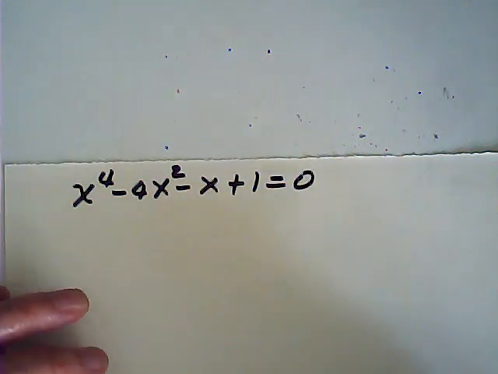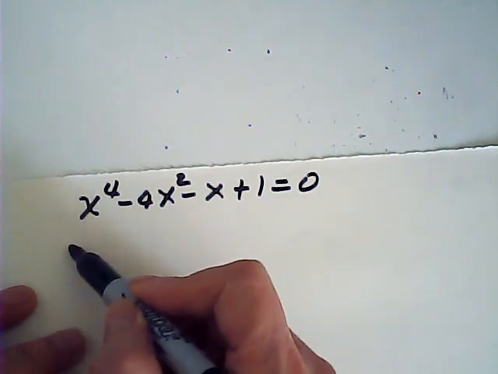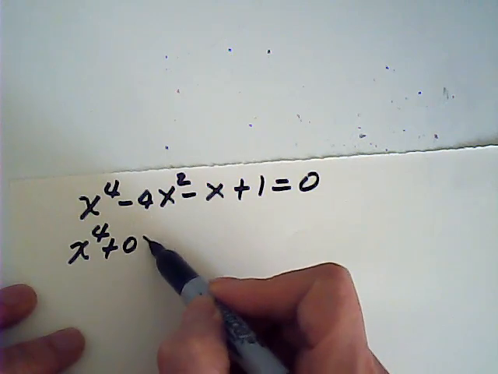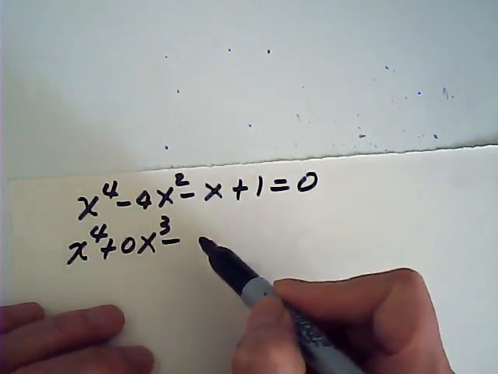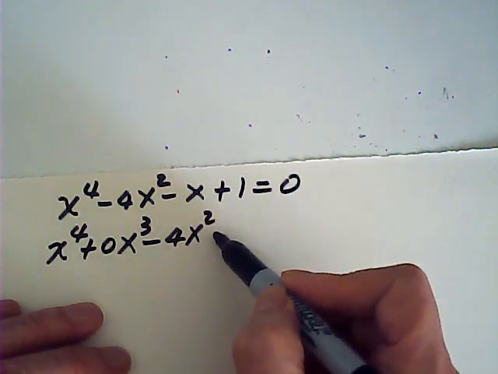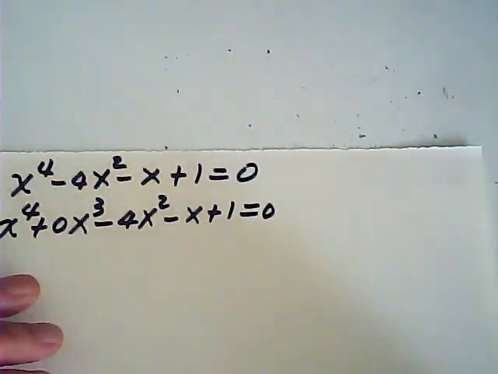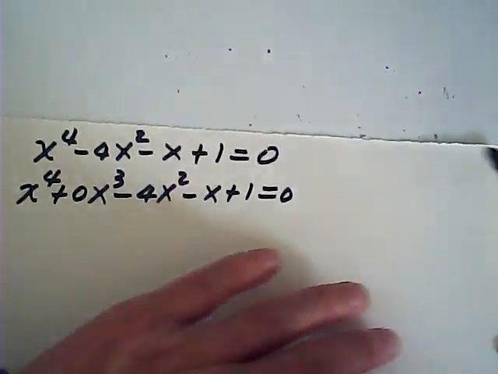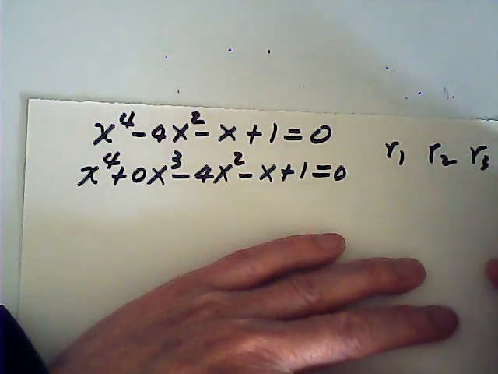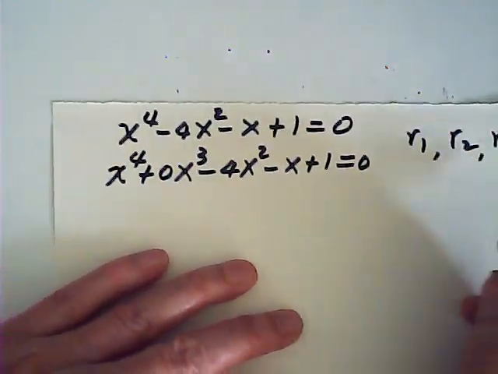And this equation we can write as x to the fourth plus 0x cubed minus 4x squared minus x plus 1 equal to 0, right? Then we have 4 roots. We know that these 4 roots are real.